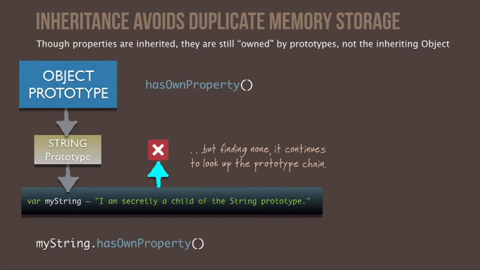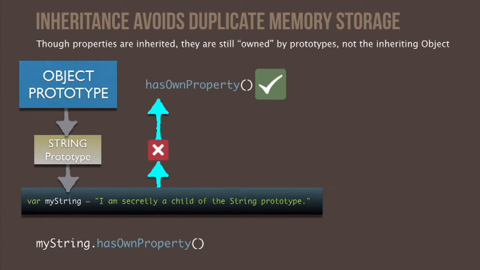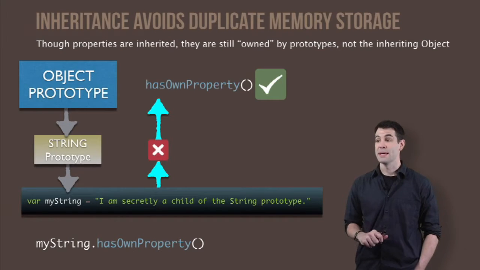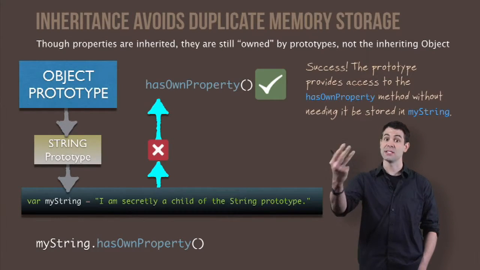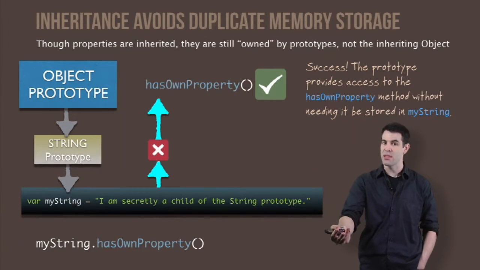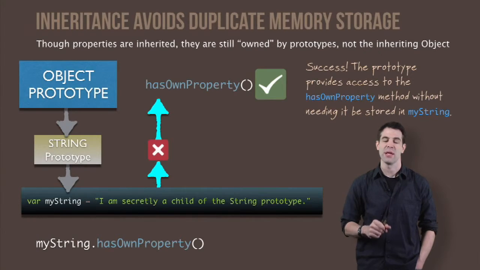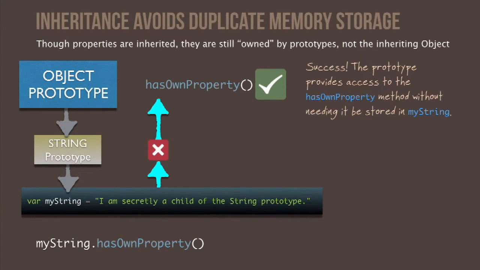When the search gets to the object prototype, it says, yes, I have the hasOwn property method, and let's go ahead and let myString use it. Why? Because object prototype is an ancestor of the myString variable. Something to note here is that myString has access to the hasOwn property method without it needing to be stored inside the myString variable.